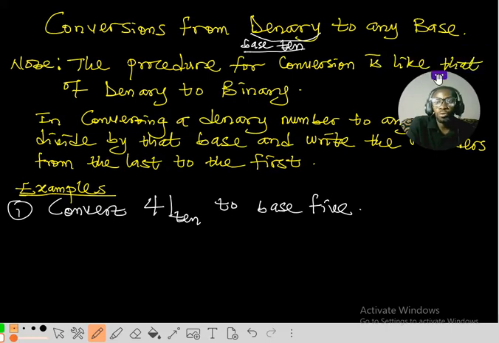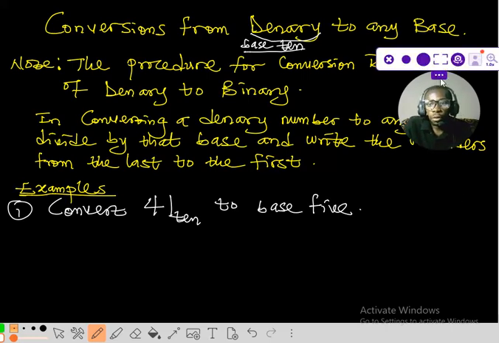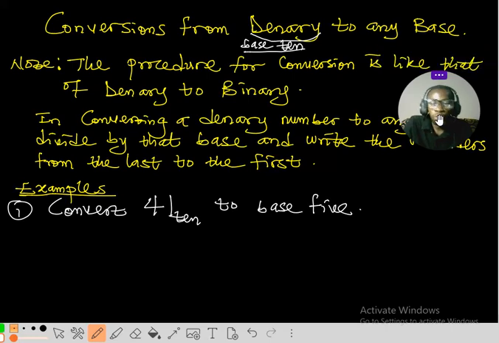So if I'm going to convert from base 10 to any base, it's still the same way. I'm asked to convert 41 base 10 to base 5. Now this number is already in base 10. So once you have a number in base 10, you can divide it by any base that is given in front of the number.